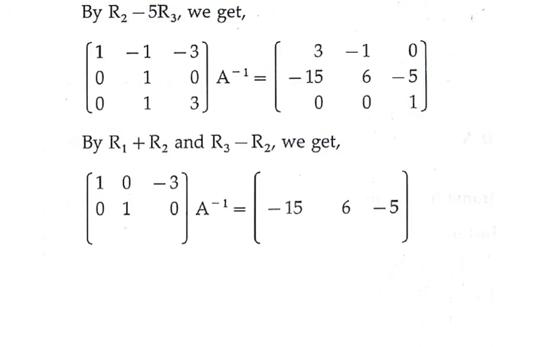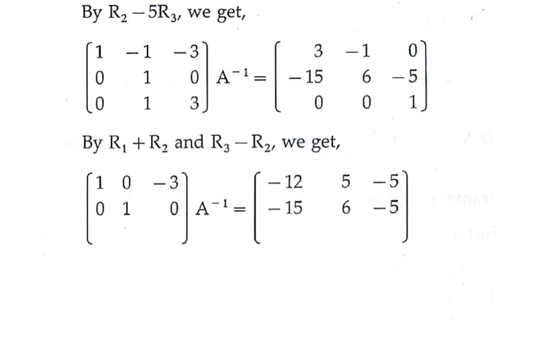Similarly on the opposite side, R1 is 3 and R2 is minus 15, so 3 minus 15 is minus 12. In the next column R1 is minus 1 and R2 is 6, and minus 1 plus 6 is equal to plus 5. In the last column R1 is 0 and R2 is minus 5, and 0 plus minus 5 is minus 5. This is the way all the first row values are found.